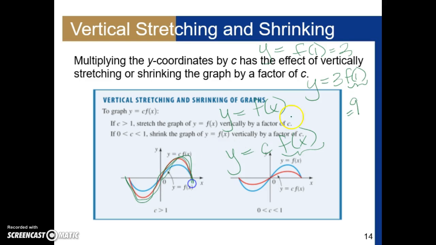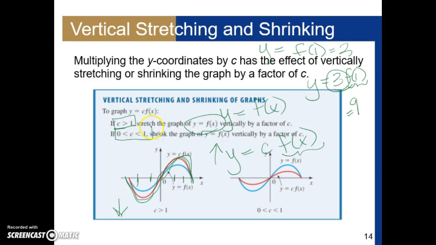That's going to vertically stretch the function, where it goes way up and way down based on input values that behaved one way in the parent function, but will behave differently in this vertically stretched function. Additionally, this is for constant values greater than 1.